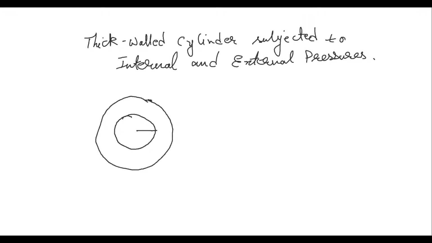So this you can take as radius r from the center O, and there are two pressures: the internal pressure that will be there from inside this material due to any reason, and we'll name that one as Pi because it is internal pressure, and the external pressure.